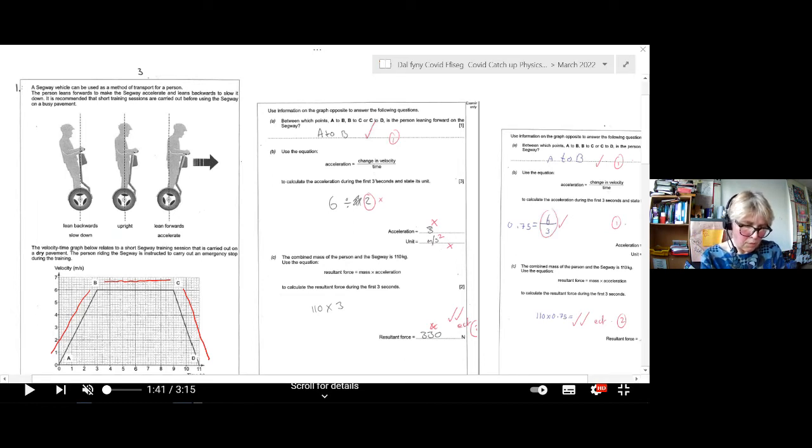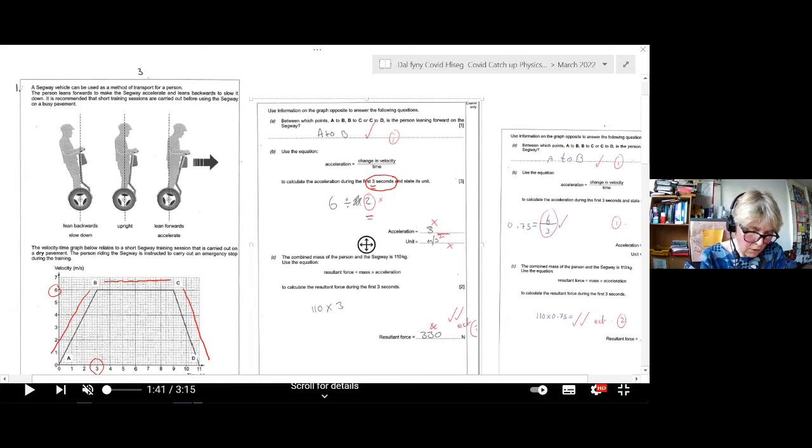Now, during the first 3 seconds, this candidate's put in the wrong answer there, but they did get the fact that it goes from 0 to 6 meters per second, but they didn't quite see that it was for the first 3 seconds.